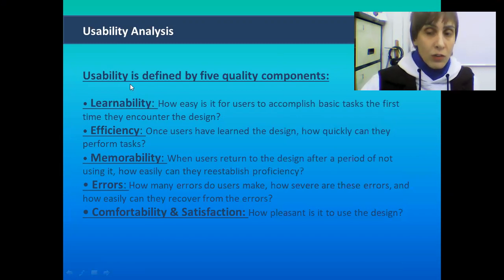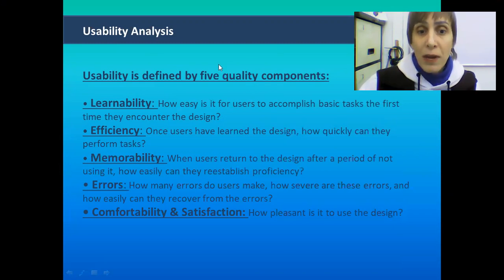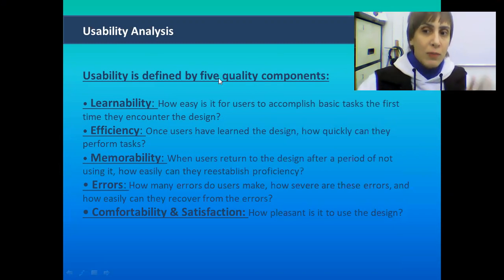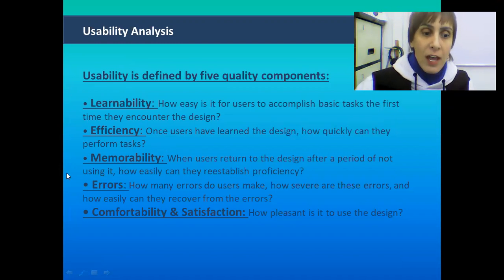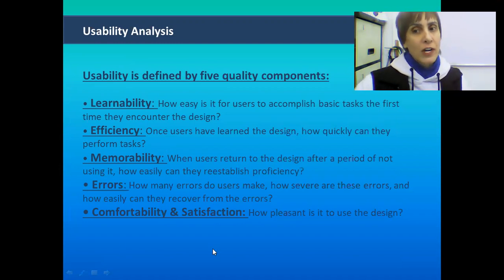Usability analysis is defined by 5 quality components. It means it uses 5 quality components on which to judge products. They are learnability, efficiency, memorability, errors, and comfort and satisfaction.